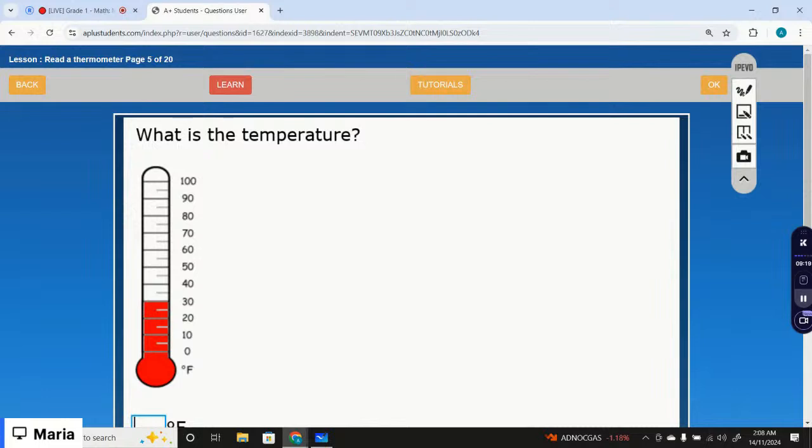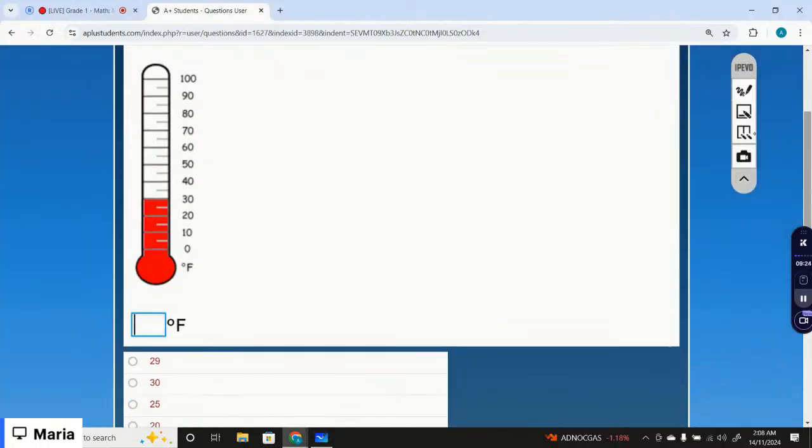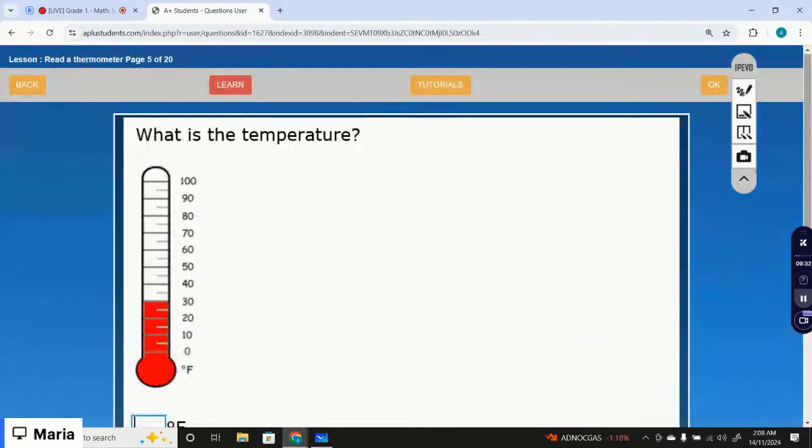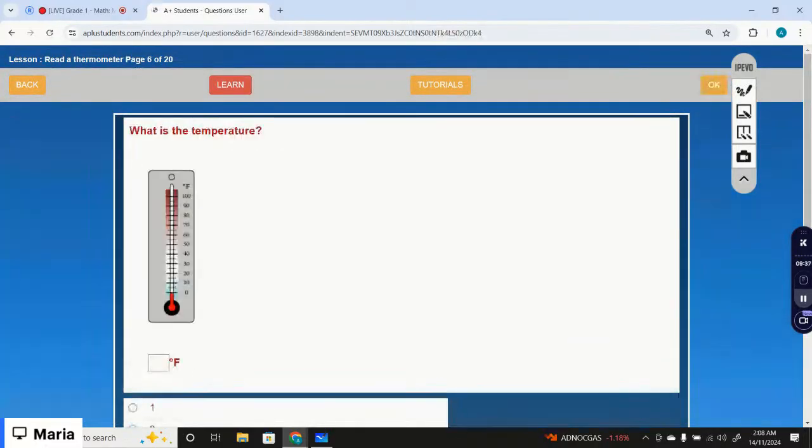What is the temperature? Very good. That is 30 degree F. The correct option is 30 degree F. What is the temperature?